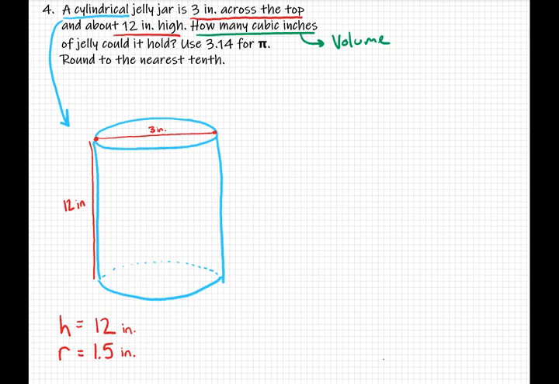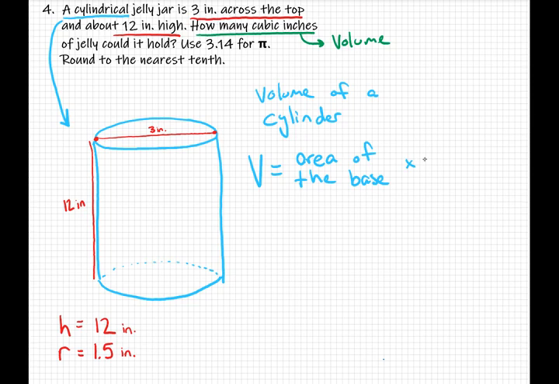Now, we're asked about cubic inches, so we're looking for volume. And the formula for volume of a cylinder, basically the volume of any three-dimensional shape that goes straight up, perpendicular to the base, is volume equals area of the base times the height.